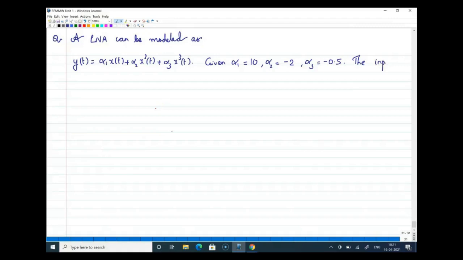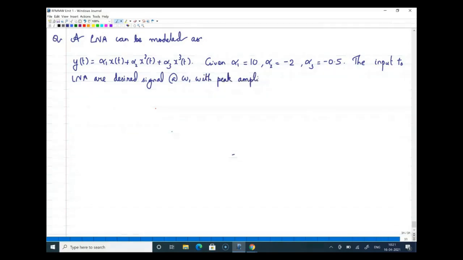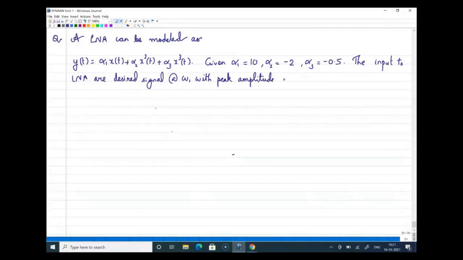Now the input to the LNA are a desired signal at omega 1, with a peak amplitude of 1 millivolt, and a blocking signal, I'm just calling it as blocking signal or interferer.